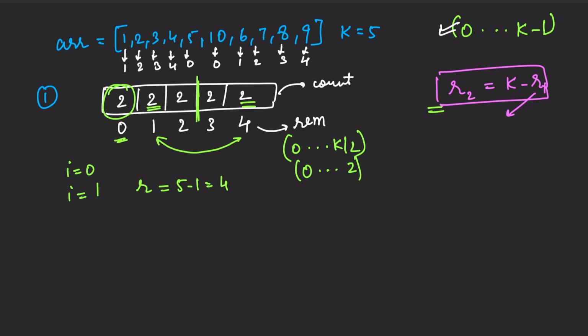It passes, and now we go to the next element, which is 2. Here R will be equal to 5 minus 2, which is 3. We check 2 and 3, and the counts are 2 and 2. Both are equal. So now the loop ends and we return true.